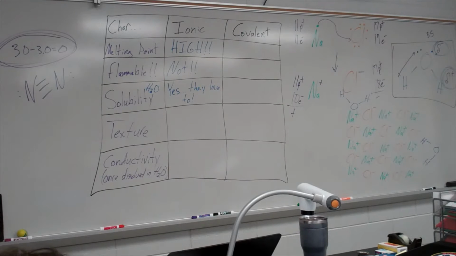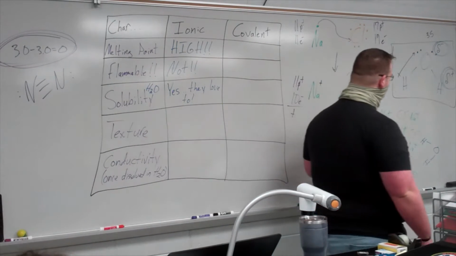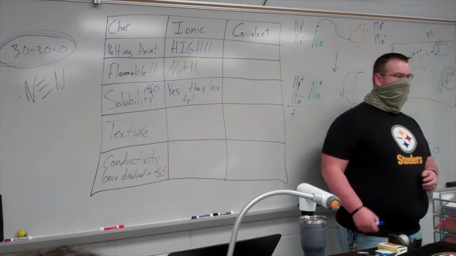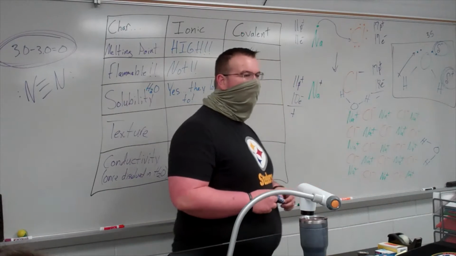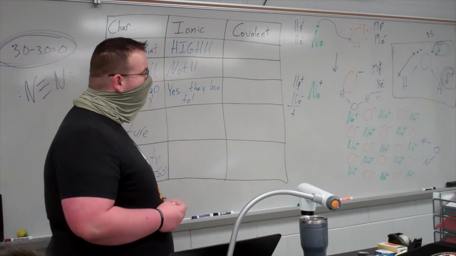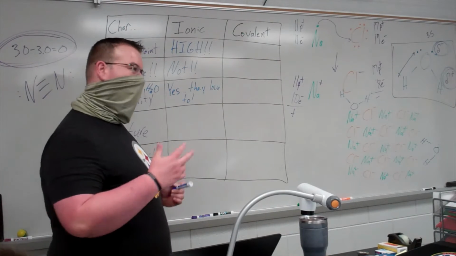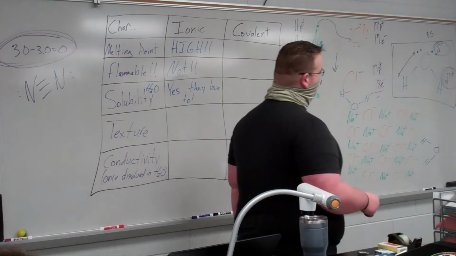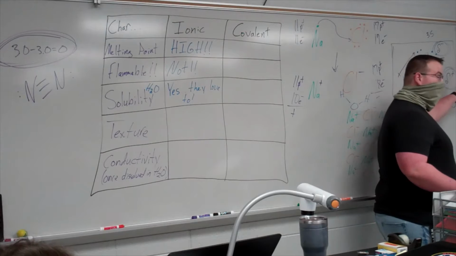Okay, so why are the oxygens lining up on the sodiums and the hydrogens lining up on the chlorines? Because of the deltas, the delta negative and the delta positive. What's that stand for? It's lowercase delta, partial negative, partial positive.